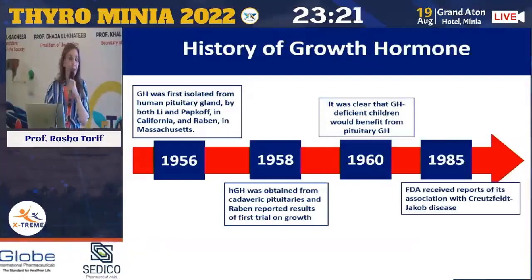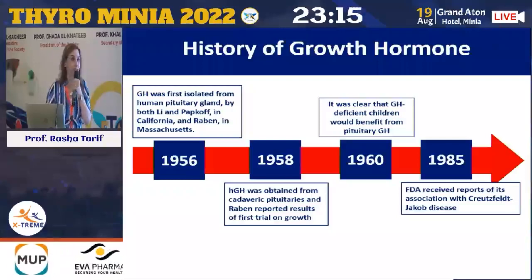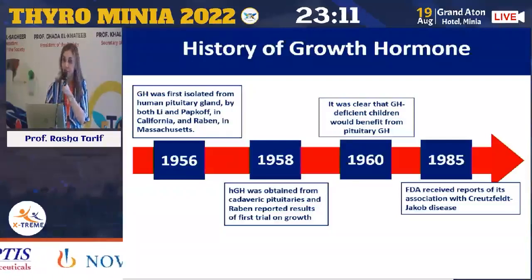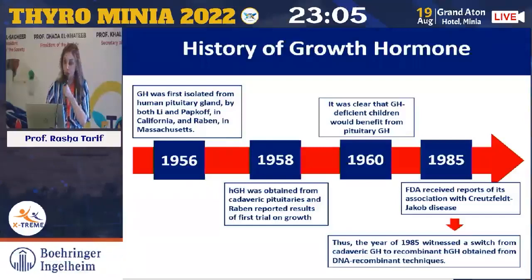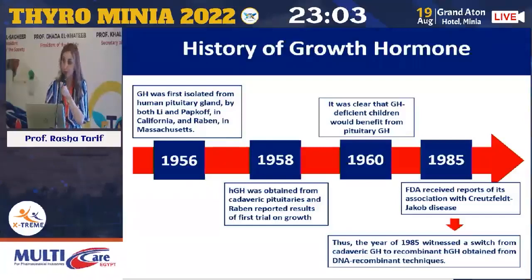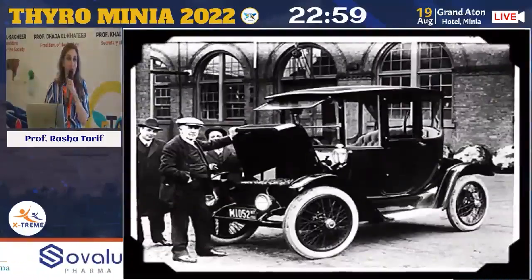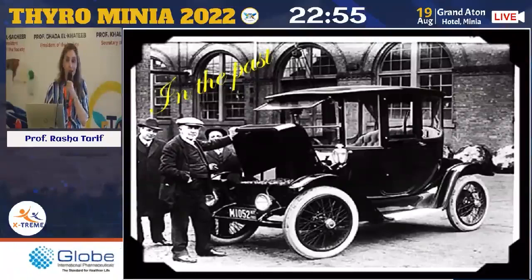And in 1985, FDA received reports of its association with a serious neurological disease, and this is the Creutzfeldt-Jakob disease. And this year witnessed a switch from the cadaveric growth hormone to recombinant growth hormone obtained by DNA techniques. So this is the history of growth hormone, or this is what happened in the past.